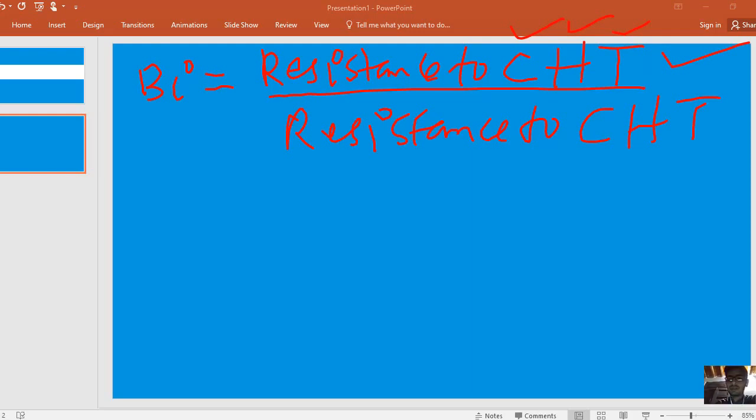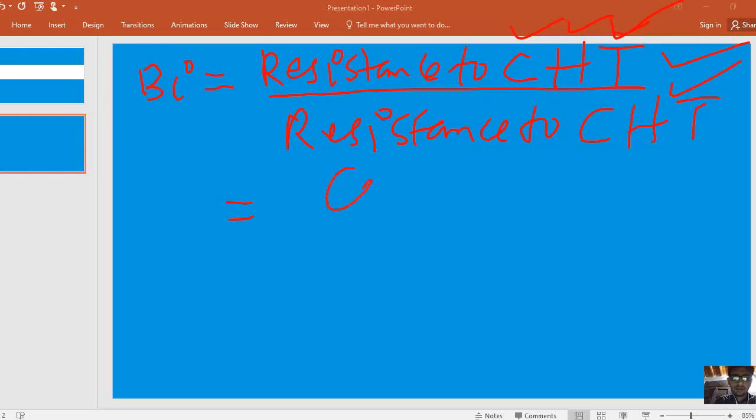So the ratio between the convective heat transfer and conductive heat transfer is the Biot number. It is nothing but the ratio of convective resistance and conductive resistance.